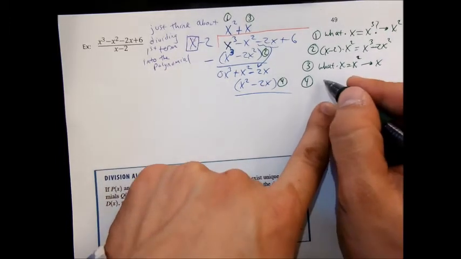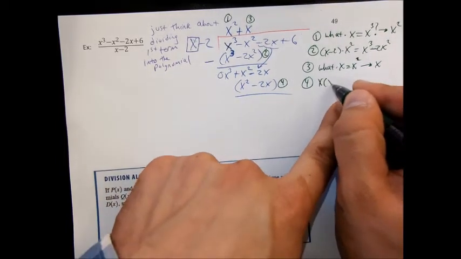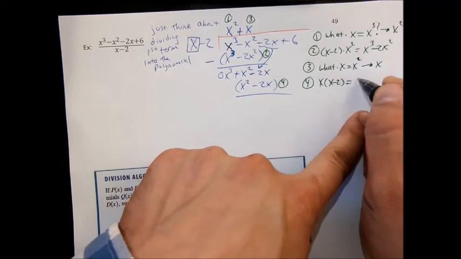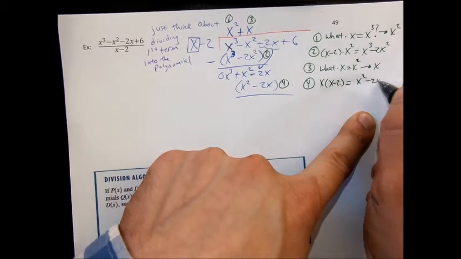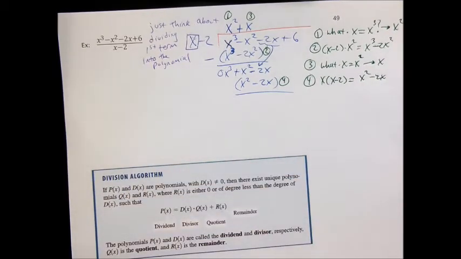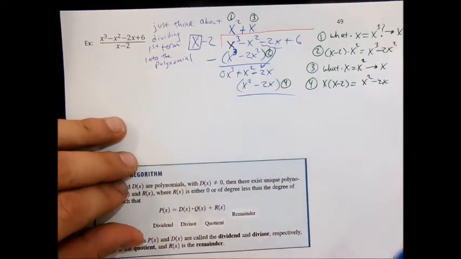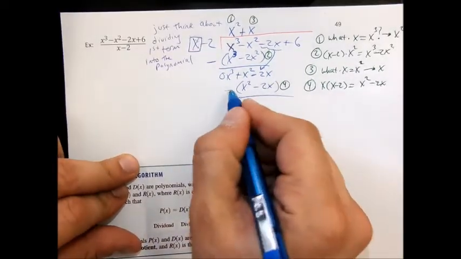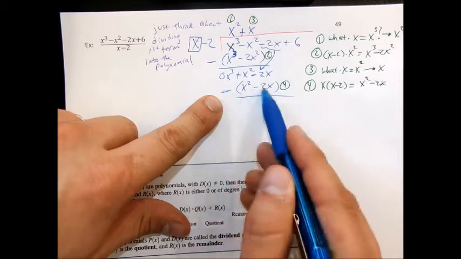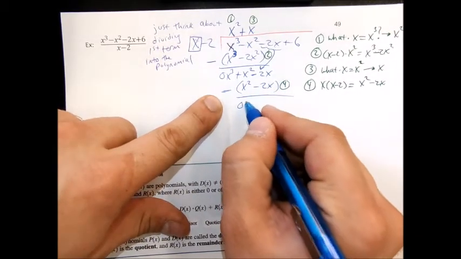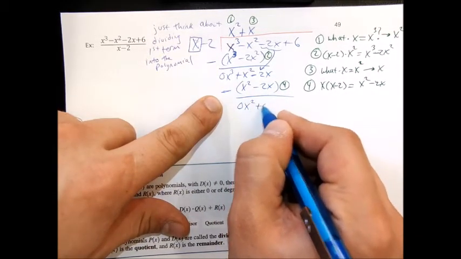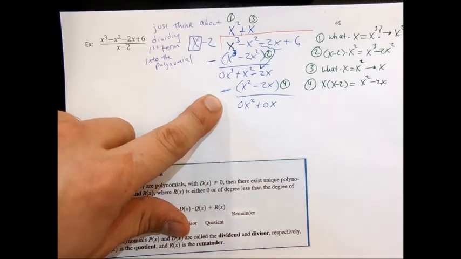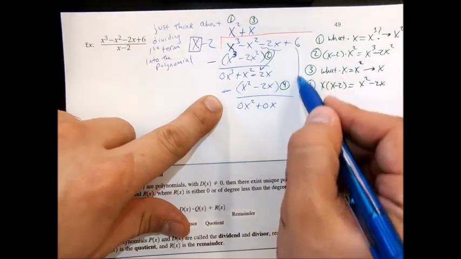Number 4 came from taking the x and multiplying it through x minus 2. And then I put my things in parentheses to remind me that this negative sign is going to make this a plus again. And so we get 0x squared plus 0x, and then we bring down the 6.